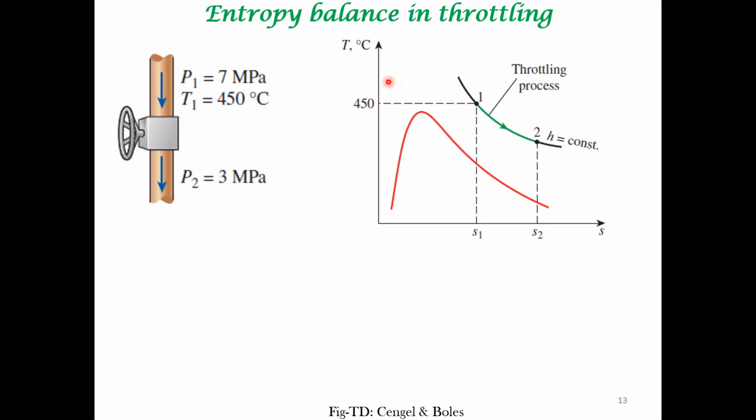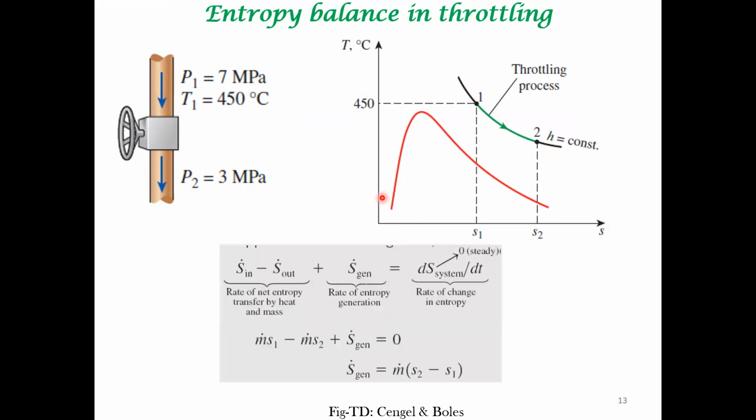This is a T versus entropy graph. You are in a region, on a curve, where enthalpy is the same. This also tells you the difference in entropy between the outlet after throttling and before throttling. Okay, so that difference is what shows up as the entropy generation term.